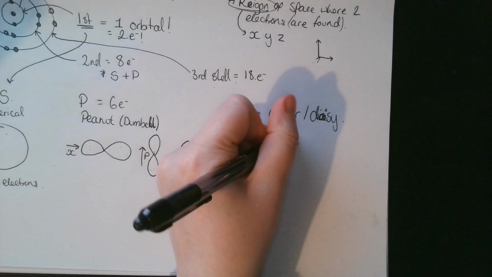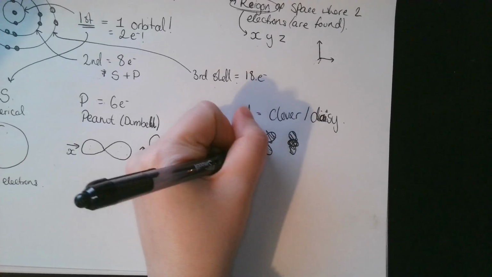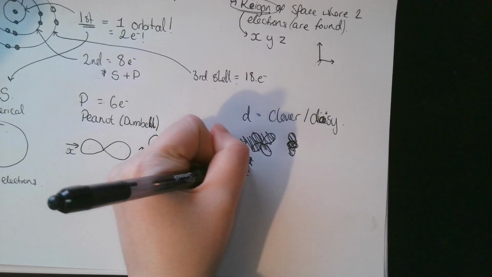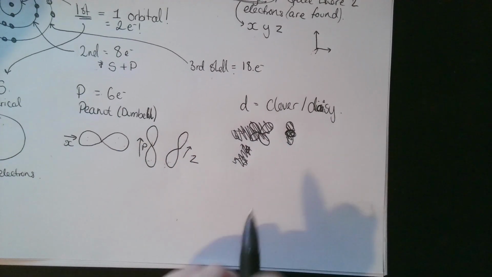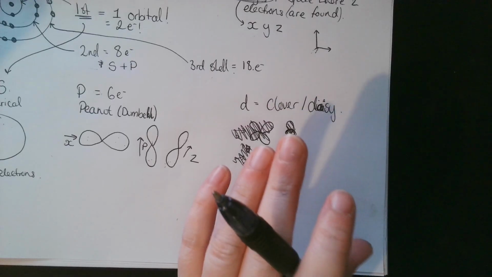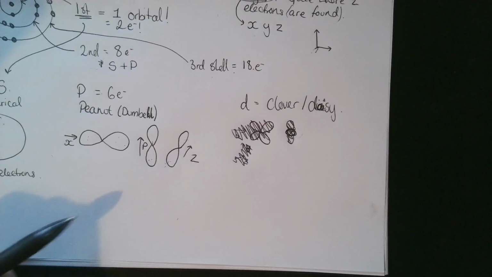Just to make things more complicated. Luckily for you at this level, you do not need to know what they all are. You just need to be able to describe them, and you can describe them as a daisy or as a p orbital with a donut around it.